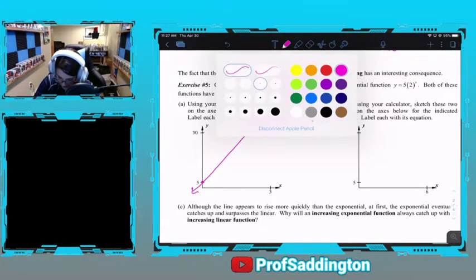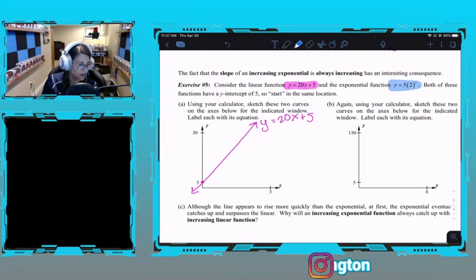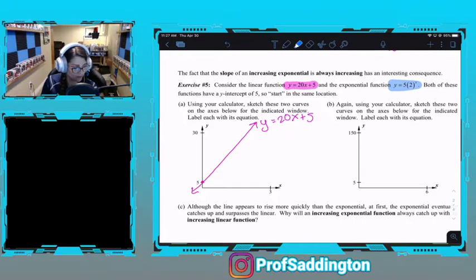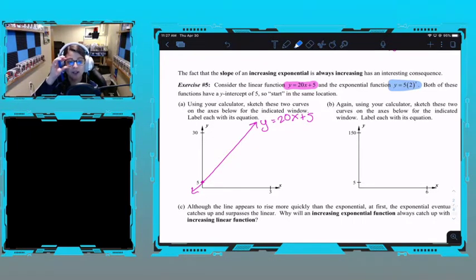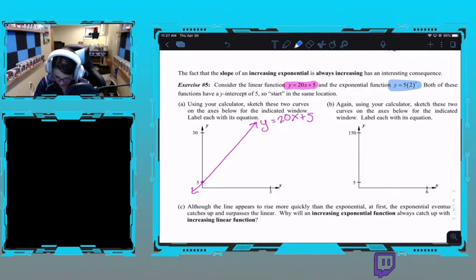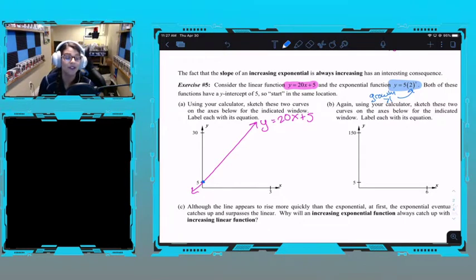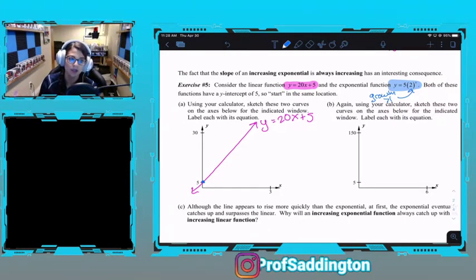Okay. And then let me do the other one in blue. So it says y equals 5 times 2 to the x. So we know, again, this starts at 5. I can tell that this is growth because it is greater than 1. So if you have a number that's bigger than 1, even if it's 1.01, that is still exponential growth.